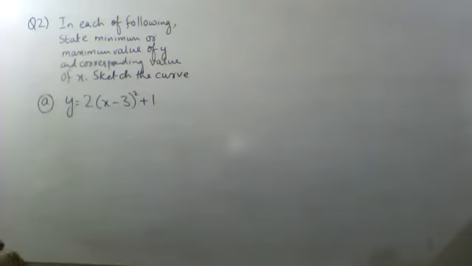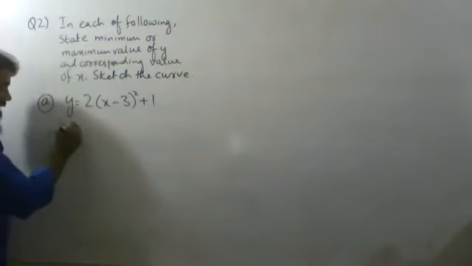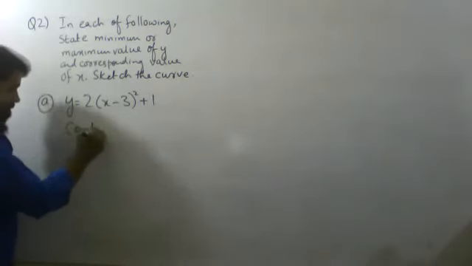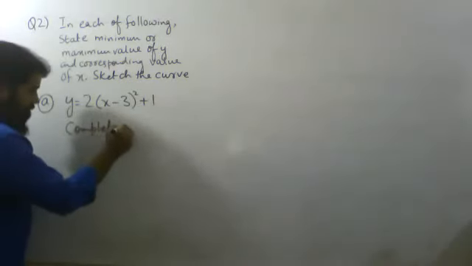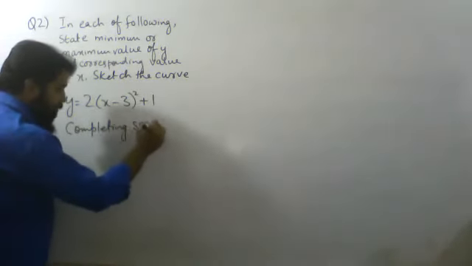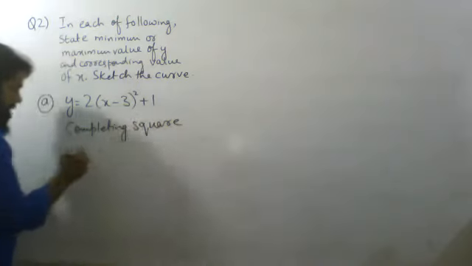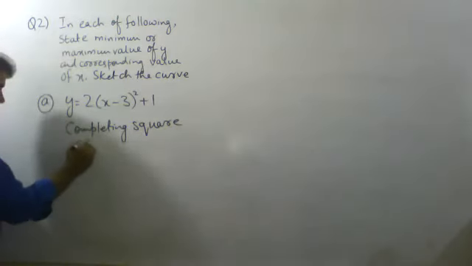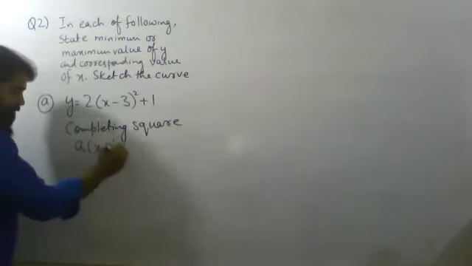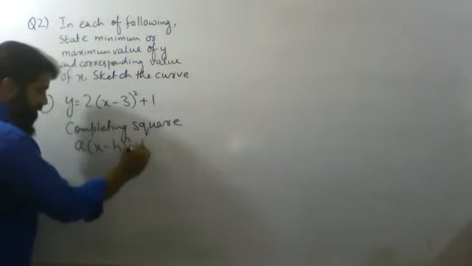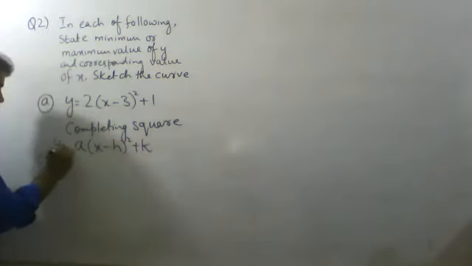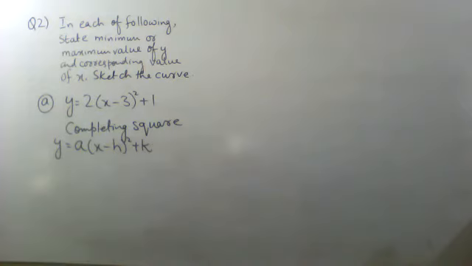The completing square form which we are going to use over here is y equals a(x minus h) whole square plus k.